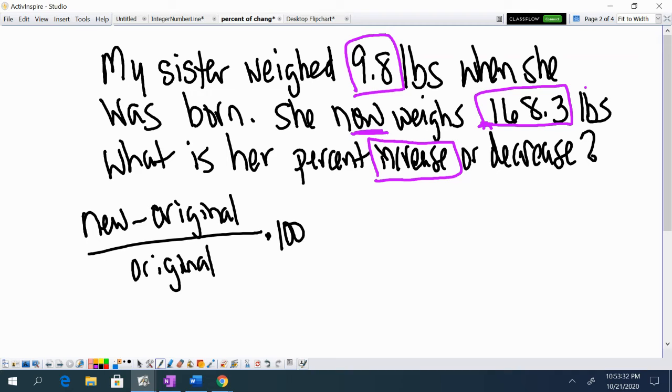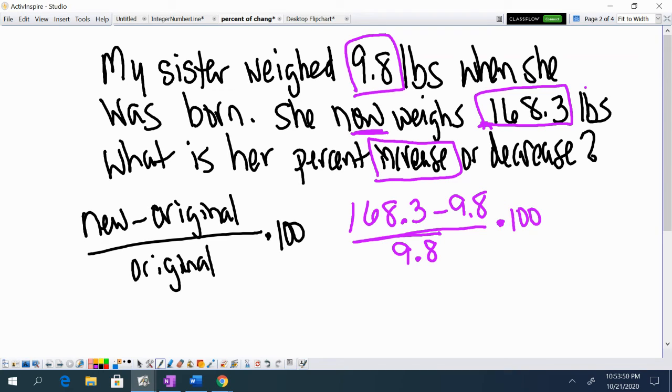I'm still going to look at my formula. The new amount is 168.3. The original amount was 9.8. She was a baby. I'm also going to put the original amount on the bottom and then multiply times 100.